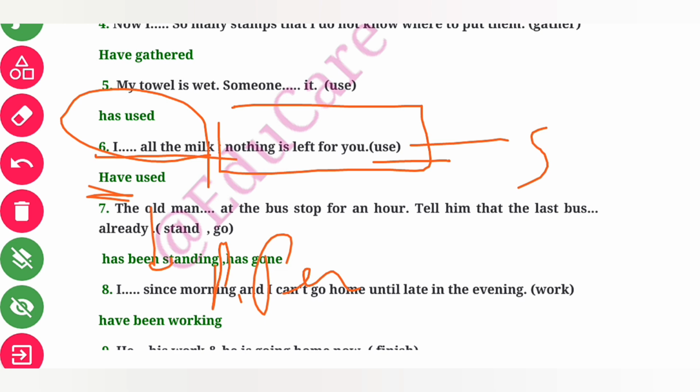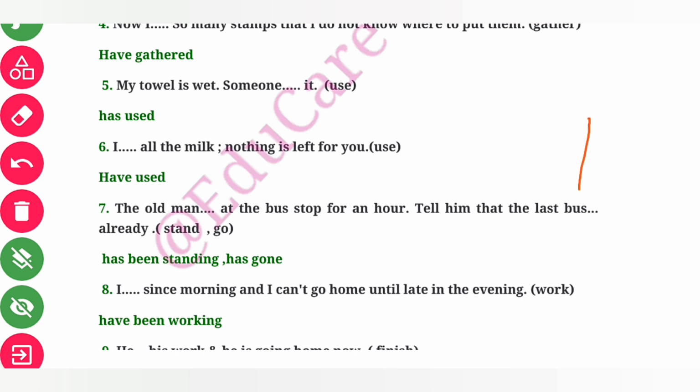So if one action is given in present perfect tense, another action must be given in another tense. It can't be that two actions are given with the same tense. Try to read the sequence of tenses chapter, that I explained always.